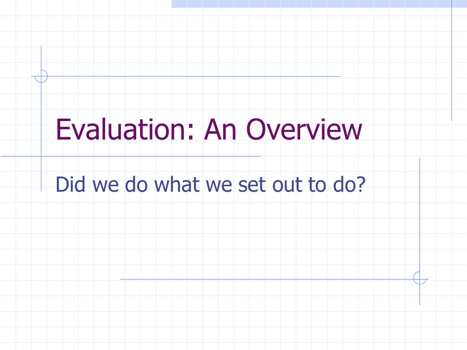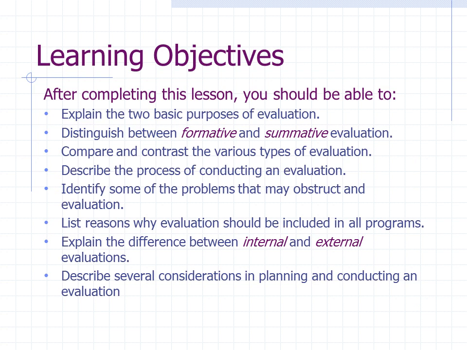The first chapter, chapter 13, is kind of an overview of the evaluation process, and then in chapter 14 we'll get down into the nitty-gritty of evaluation. So here are the learning objectives for this lesson: explaining the two basic purposes of evaluation, distinguishing between formative and summative evaluation, comparing and contrasting the various types of evaluation, and you'll see that that's process, impact, and outcome evaluation.